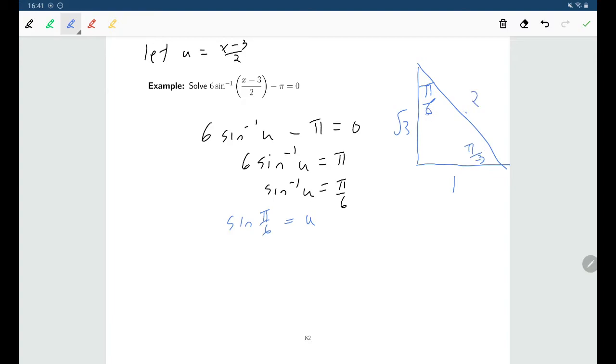So sine of pi over 6, or 30 degrees, would be opposite over hypotenuse, or a half. So u should be equal to a half.